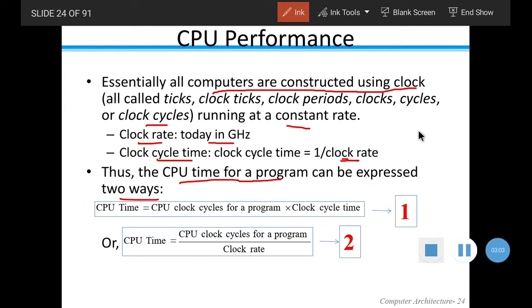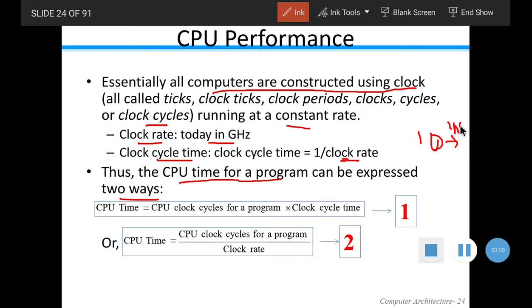Suppose there are 10 instructions in a program and each instruction takes a certain time, say 1 nanosecond.